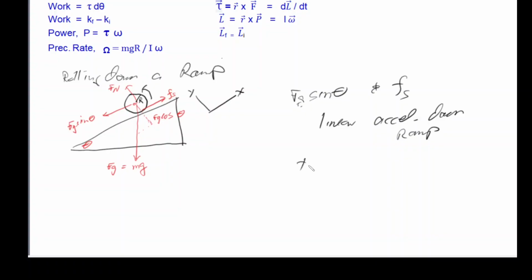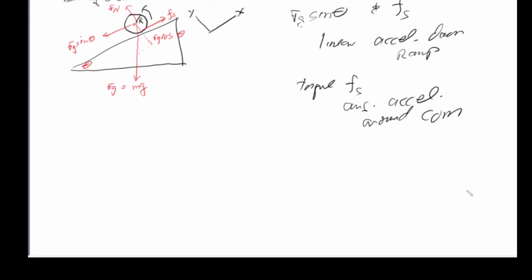And the torque due to the force of friction is what determines the angular acceleration around the center of mass of the wheel. So let's look at this a little more closely.